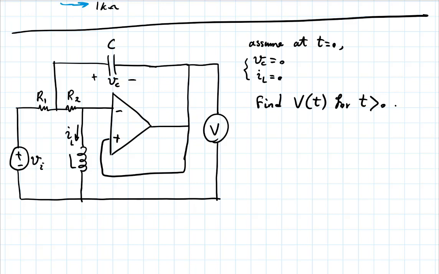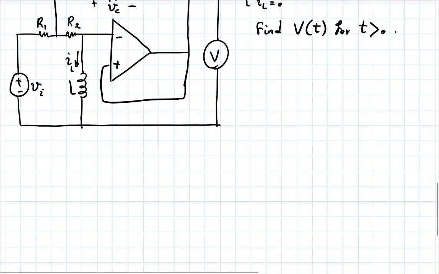That V is a voltmeter there, right? And if you're concerned about how these relate to the ground of the op-amp, you can assume that this has been grounded.